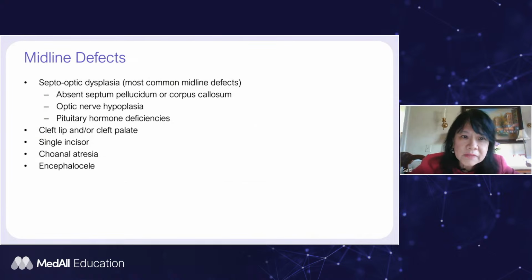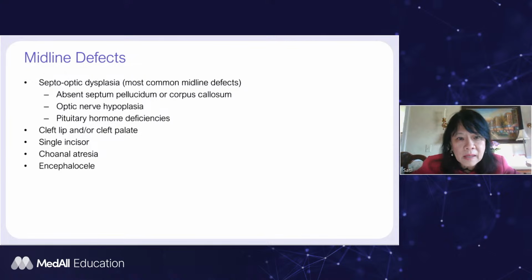So for midline defects, the most common midline defect is septo-optic dysplasia. So they have the triad of absent septum pellucidum or corpus callosum, and optic nerve hypoplasia. And then the third one is pituitary hormone deficiency. So all these 3 may be present, or could be 2 out of 3, that we can call septo-optic dysplasia.